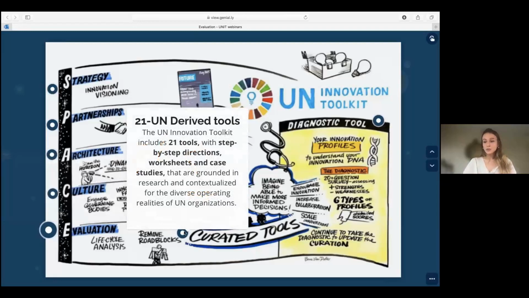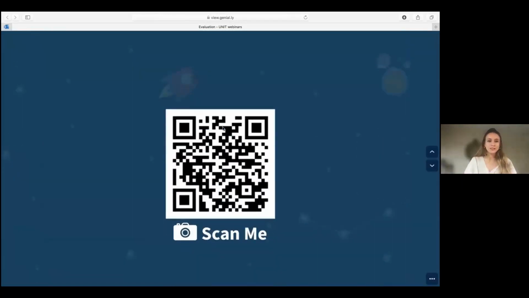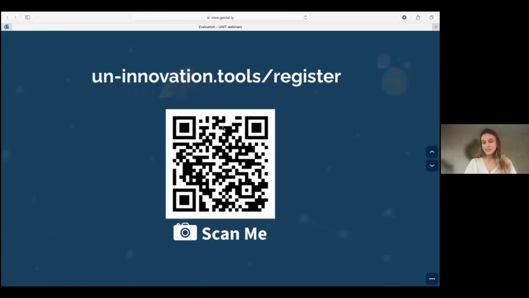Each tool is a composition of step-by-step directions, worksheets, and UN case studies in order for you to be able to contextualize. Also, we want to share with you this QR code that you can scan with your phone, or the link for the toolkit in case you want to navigate through the toolkit with us in this session.